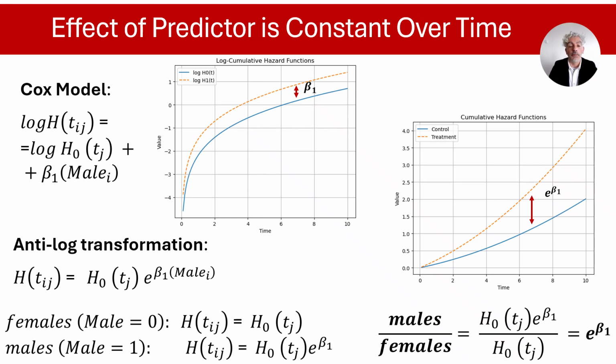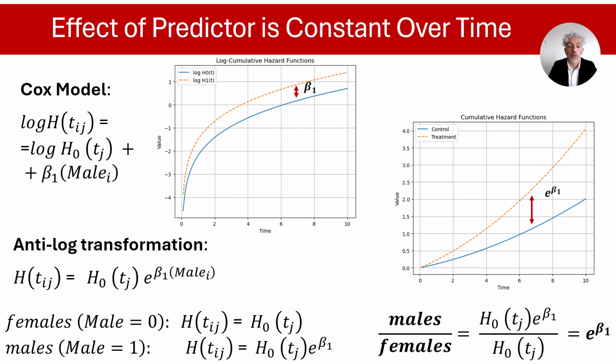So even when we transform the estimates from log cumulative hazard to cumulative hazard, the model has not changed and is still based on assuming a constant effect of the predictor, as I showed on the top left of this slide.